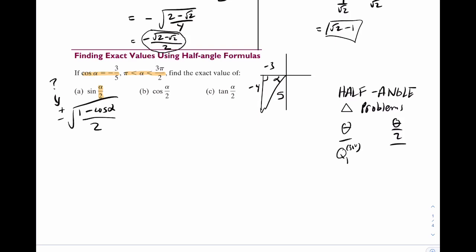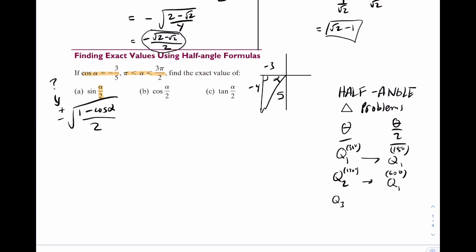If I half it, notice how it becomes 15 degrees, and that's still in quadrant 1. So if you're in quadrant 1, there's really nothing to worry about. Now let's say you're in quadrant 2, meaning theta's in quadrant 2. So let's pick an easy one, let's say like 120. If I half that, you get 60. So notice how the half angle of an angle in quadrant 2 actually goes to quadrant 1.